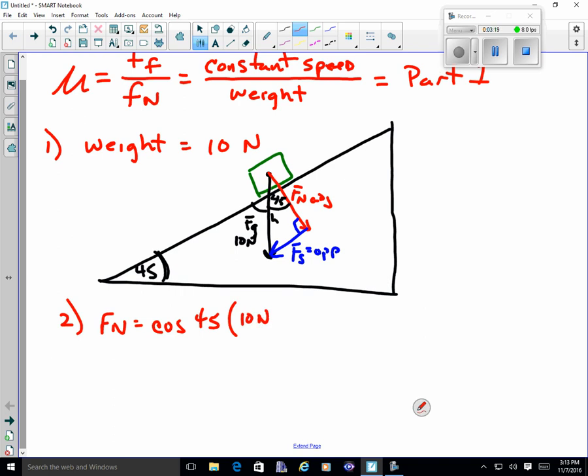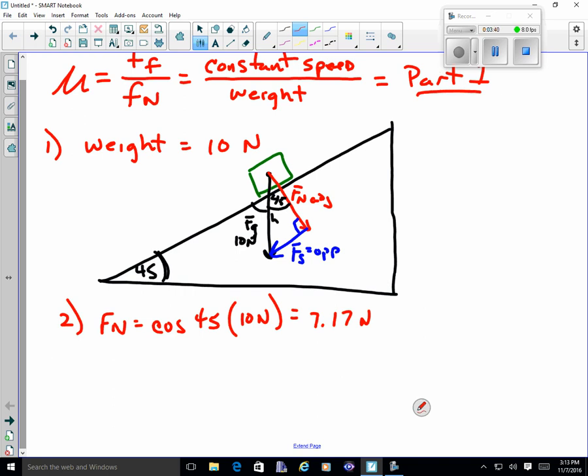And that's going to give you somewhere around 7.17 newtons. In number 3, it then says, using the normal force from number 2 and the coefficient of friction from lab number 1, so that's this up here, you have to calculate what the friction force is going to be.